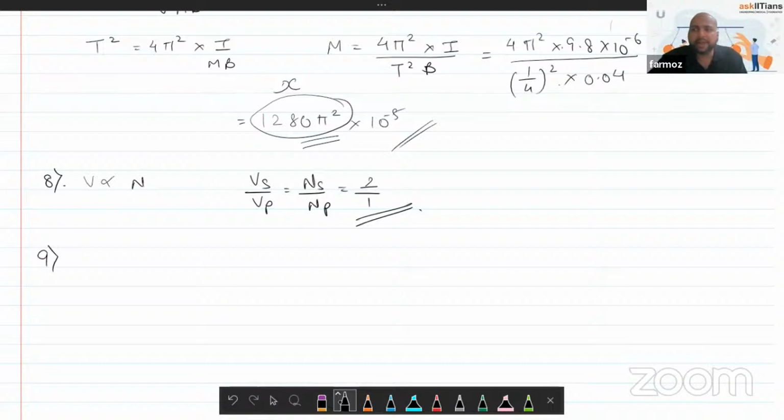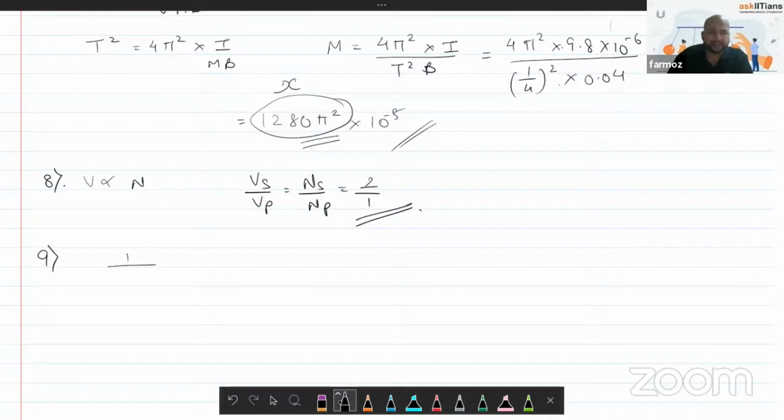Now moving on to the next question, that is question number 9. What they have mentioned is that in a vernier caliper, n+1 divisions of a vernier scale coincide with n divisions of the main scale. If 1 MSD represents 0.1 mm, the vernier constant is. For this we have directly the formula.